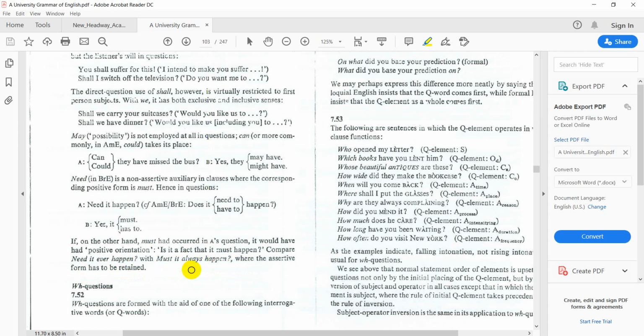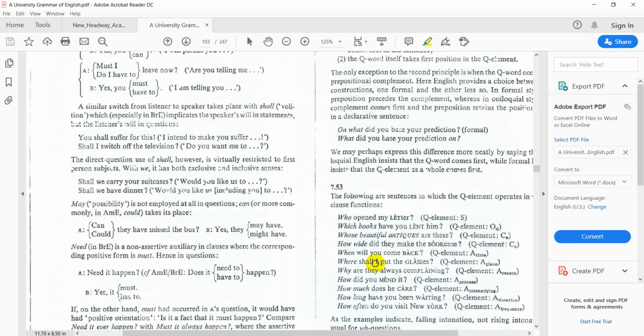Now we are going to move to WH questions. We finished yes/no questions. And now we are going to move to WH questions, section 7.52. WH questions are formed with the aid of one of the following interrogative words, or sometimes we call them Q words.